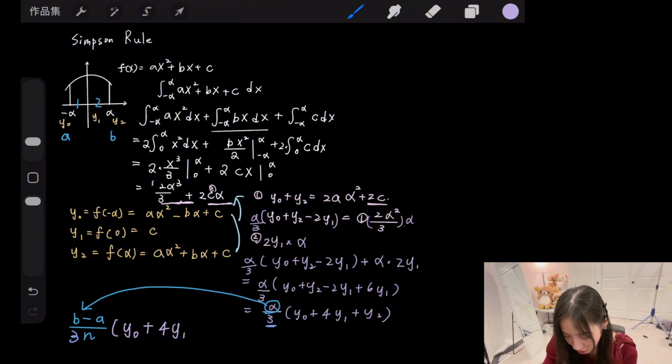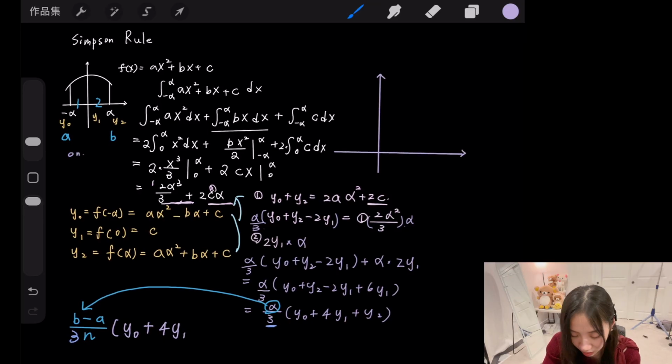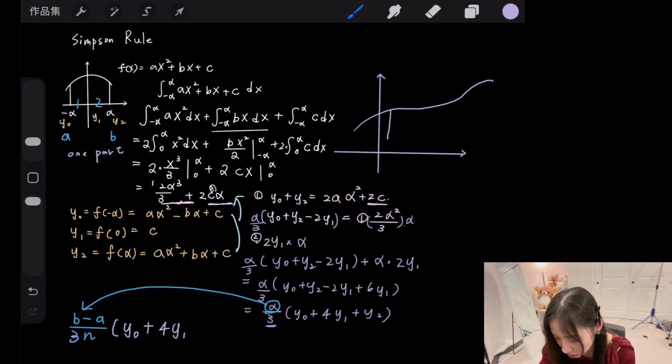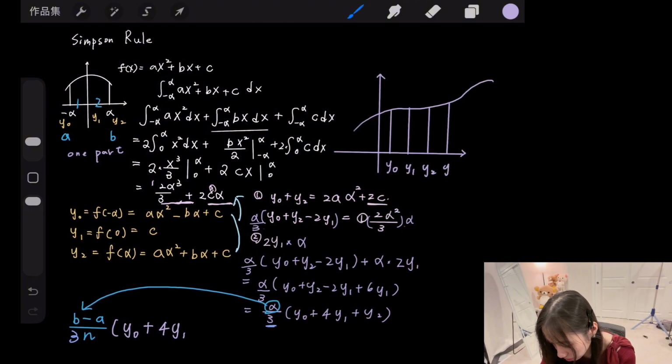But be careful, because your function is not only looking like one part only, it will be like a lot of them, which will be, let's say from here, y0, y1, and then y2, y3, y4, all the way to y sub n.